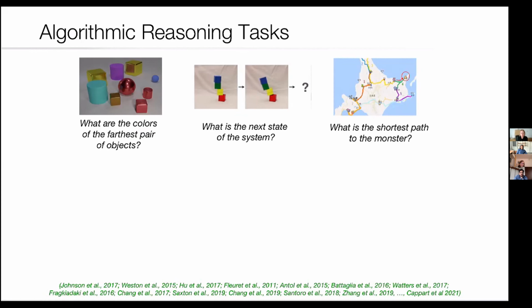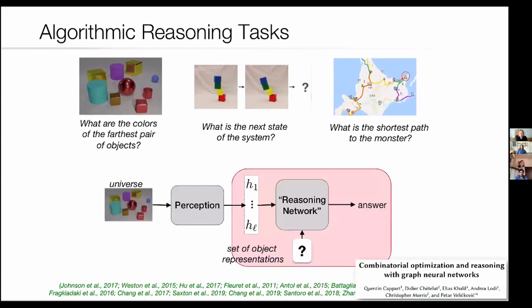In the general sense, you can think of these tasks as: you're given a collection of representations of items. You already have those vector representations, and then you do some processing with a neural network to get to an answer to these questions. And this is actually a growing field called algorithmic reasoning.